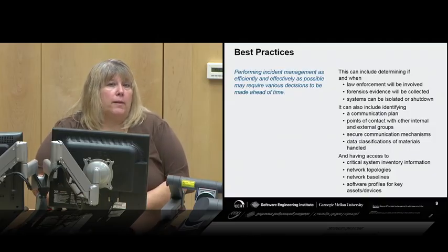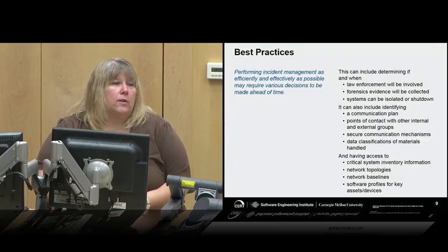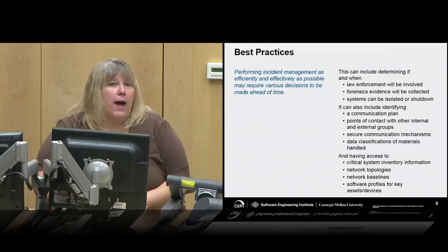If you've determined that there are times when you have to have private protected communications or send data in a private protected fashion, then you should also determine what type of secure communication mechanisms you need to have implemented, whether it's some type of encryption for email or files, or a secure phone or chat.